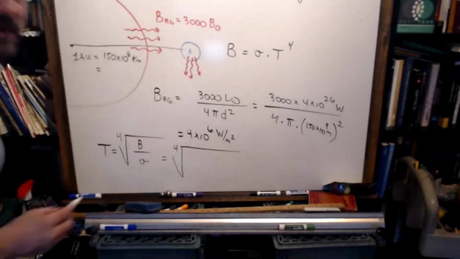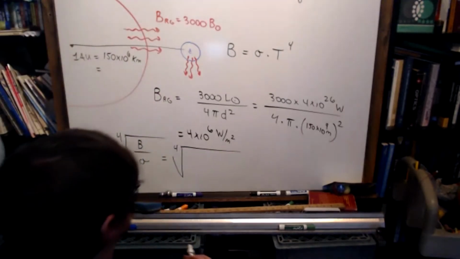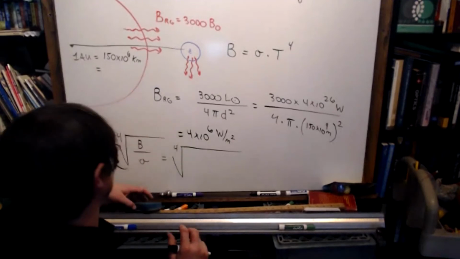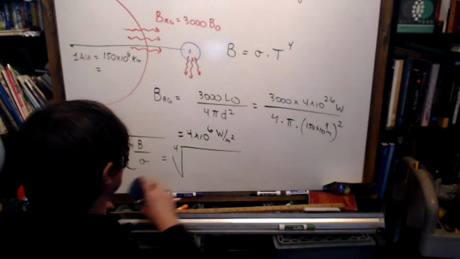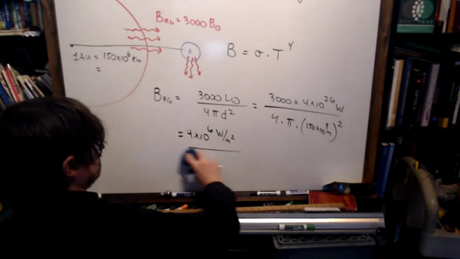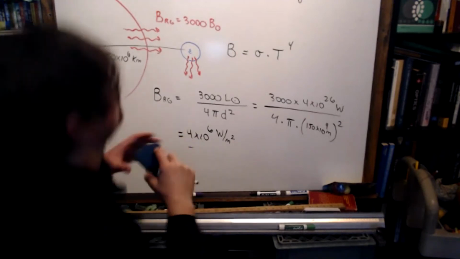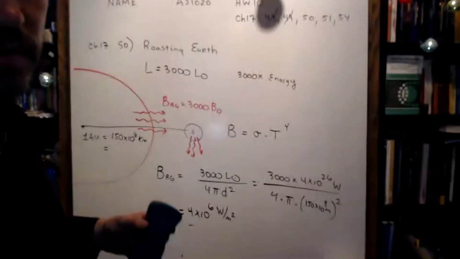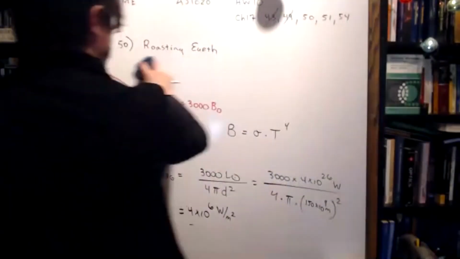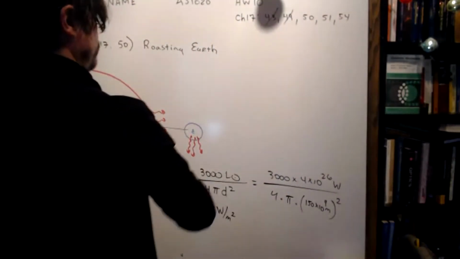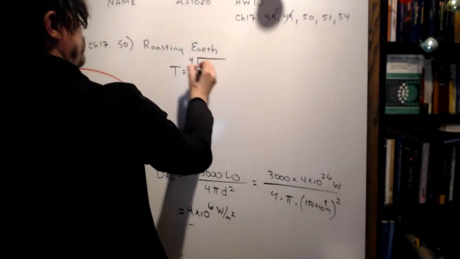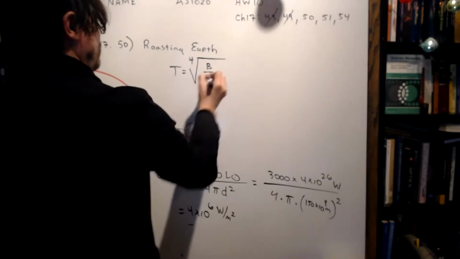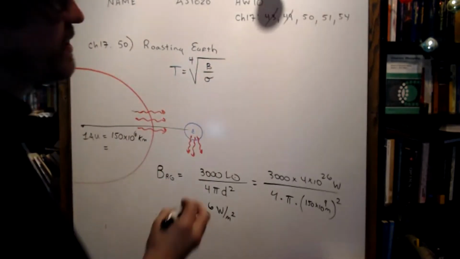I'm running out of space here, so I'm going to go up here, okay? Temperature is the fourth root of brightness over the Stefan-Boltzmann constant.